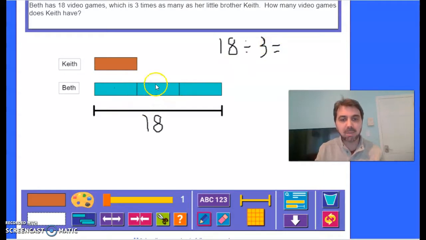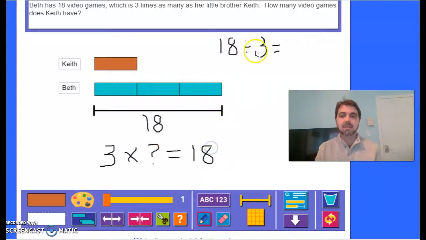So what plus what plus what equals 18. So the other way to think about this, boys and girls, is 3 groups of what, something, equals 18. If it helps you to think of it this way, right? So remember, multiplication and division are very connected.